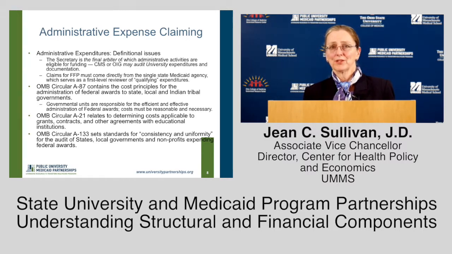And when a university has an ongoing relationship with a Medicaid agency and has some significant critical mass of activity, it is not uncommon that the federal agency will also look at not only the state agency's records of expenditures, but at the university's expenditures as well.